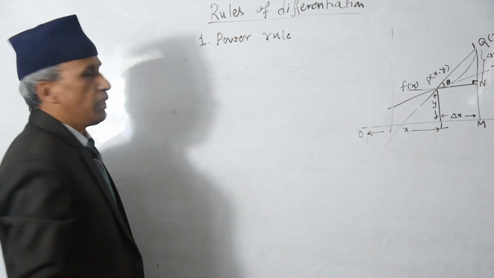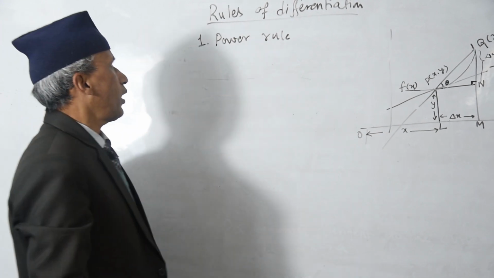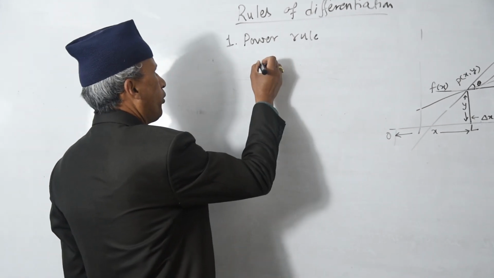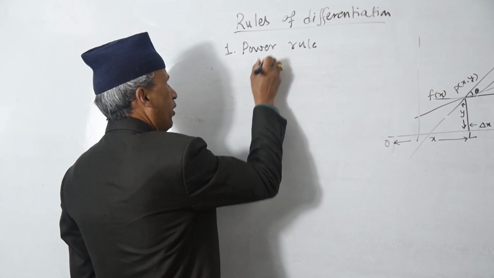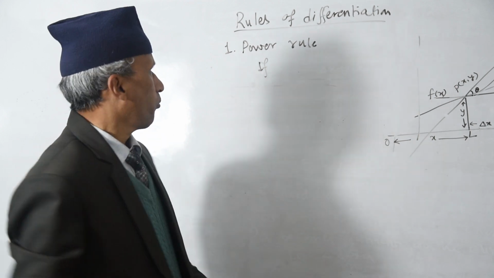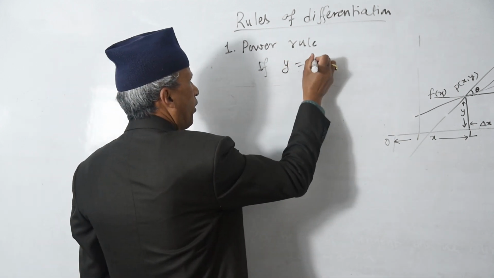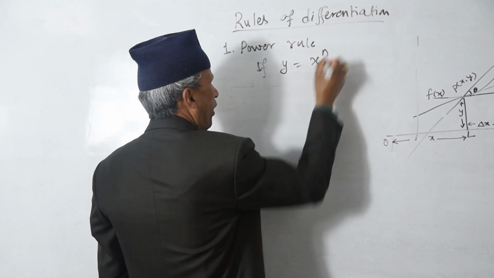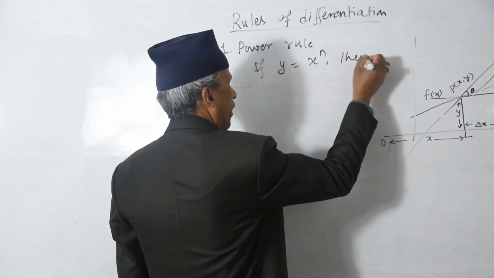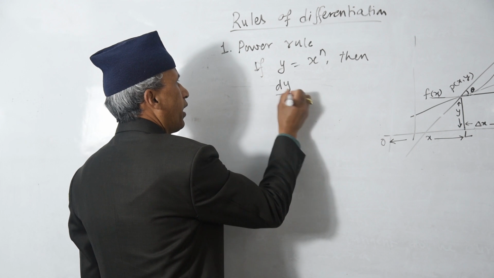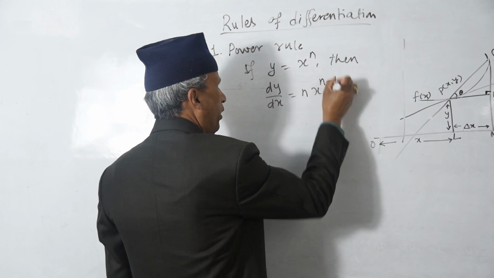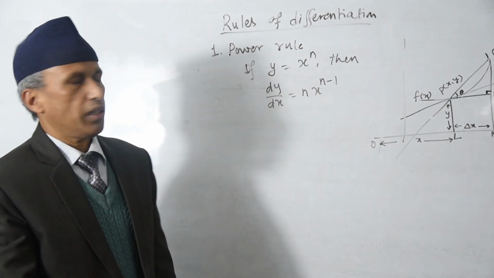Number 1, this is the power rule. This rule can be obtained by using the concept of limit again, as I said earlier. Suppose y is equal to x to the power n, if this is the given function, then dy by dx is equal to n into x to the power n minus 1. So this is the power rule.